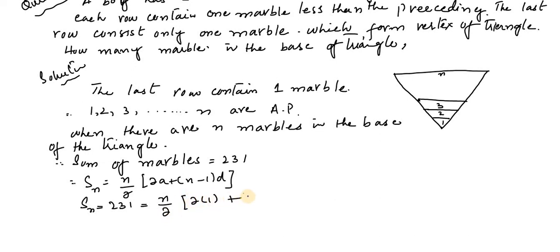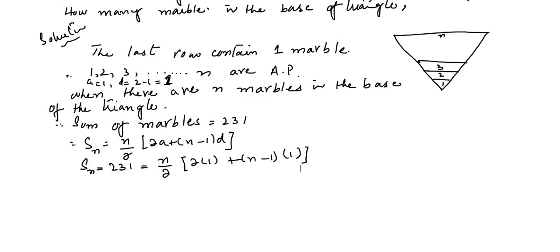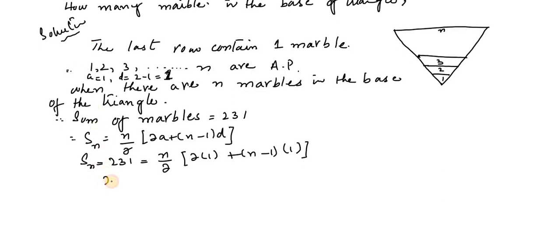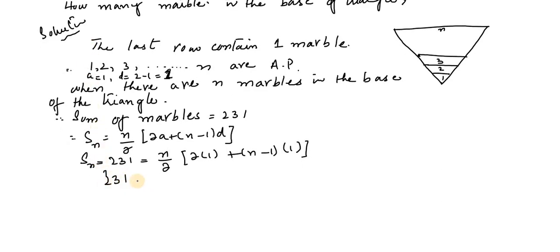Here a is 1 and d is 2 minus 1, which is equal to 1. After calculating, 231 is equal to n upon 2 times (2 plus n minus 1).